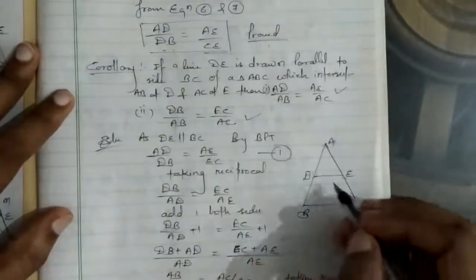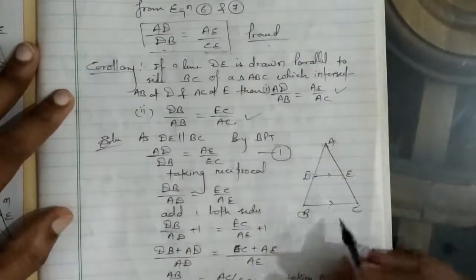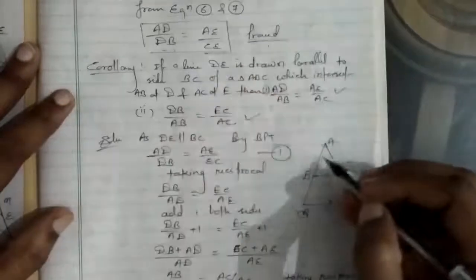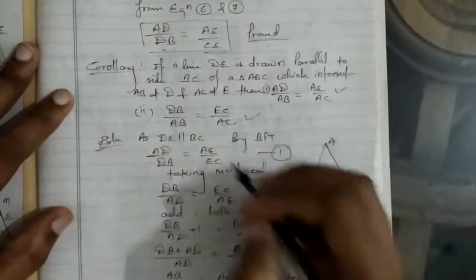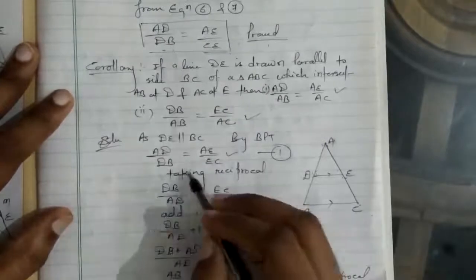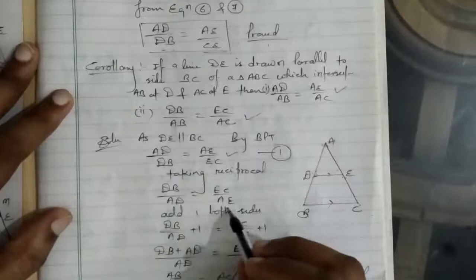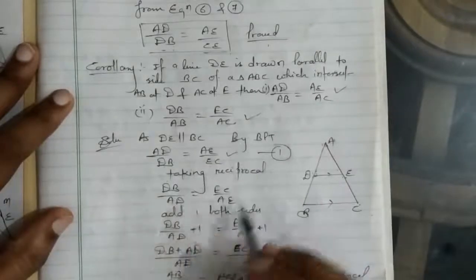So remember here by BPT first of all, because in this triangle we can apply BPT, we have proved AD upon DB equal to AE upon EC. This we write as BPT because DE is parallel to BC. Now take the reciprocal of this, you will get DB upon AD equal to EC upon AE. Add 1 to both sides in this equation.